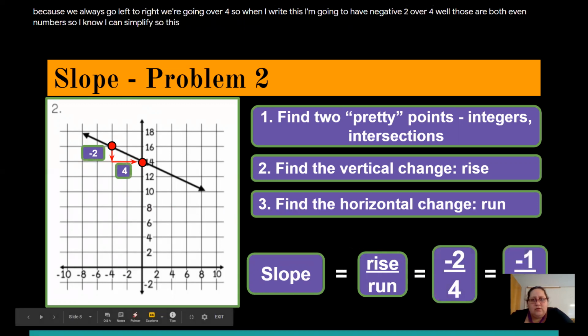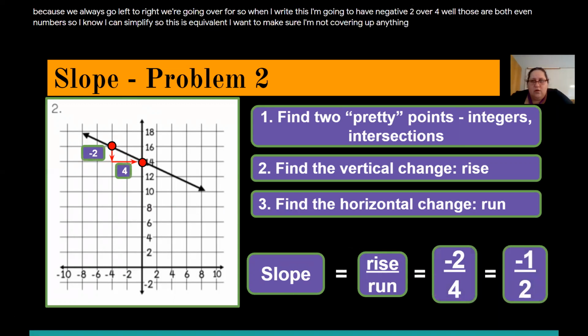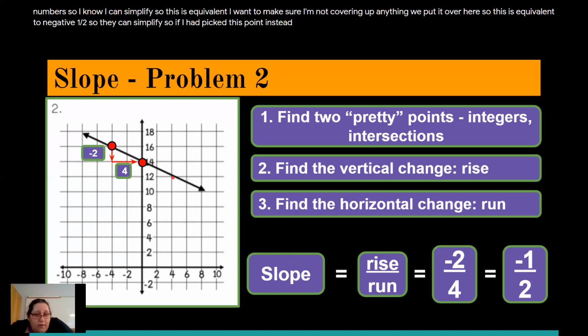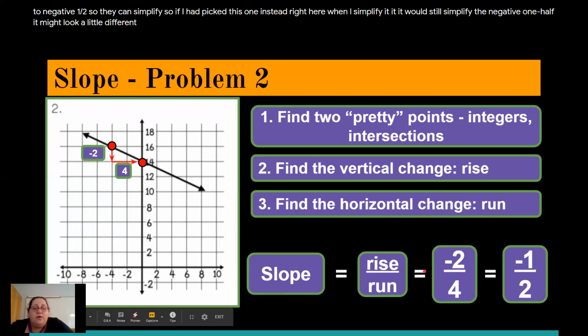So this is equivalent to -1/2. So if I had picked this point instead, right here, when I simplified it, it would still simplify to -1/2. It might look a little different, but the slopes would be the same.